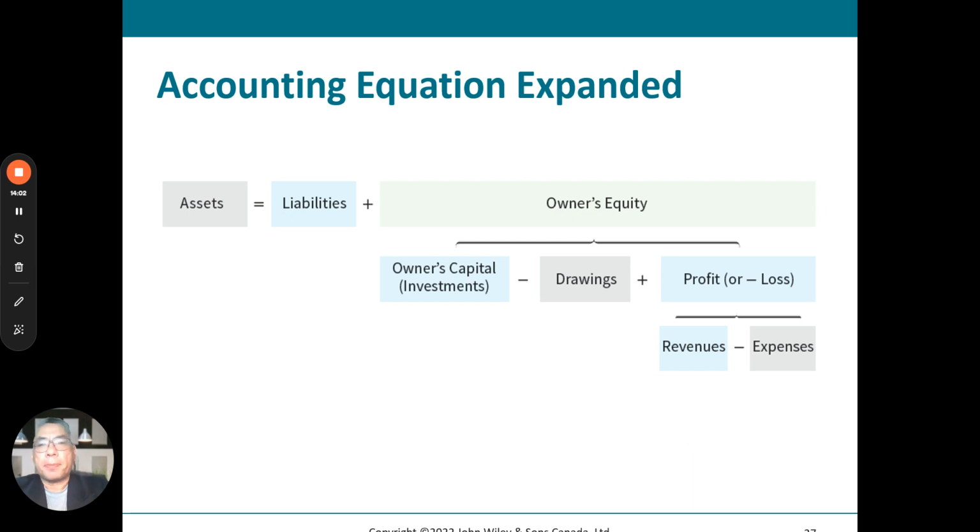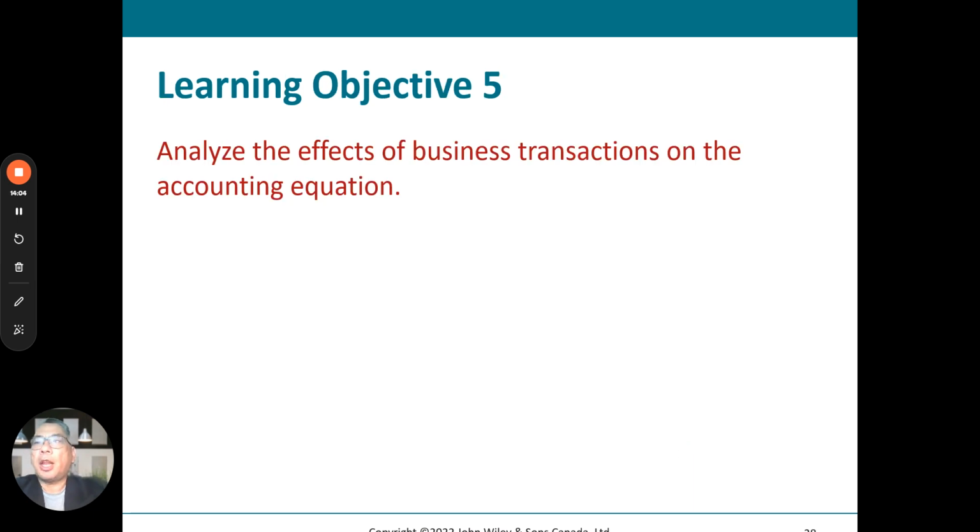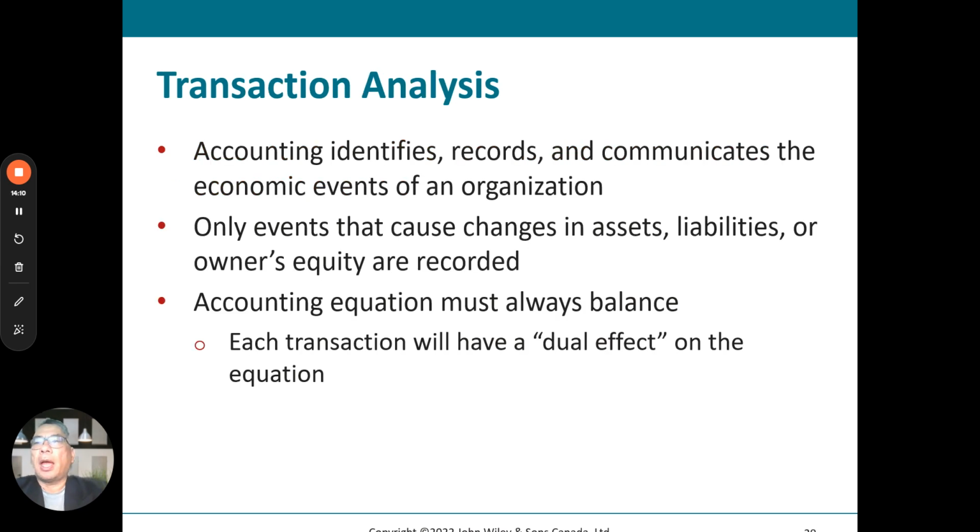Learning objective 5. Analyze the effect of business transactions on the accounting information. Transaction analysis, okay? Accounting identifies, records, and communicates the economic events of an organization. Only the events that cause changes in assets, liabilities, or owner's equity are recorded. The accounting equation must be balanced. Okay?